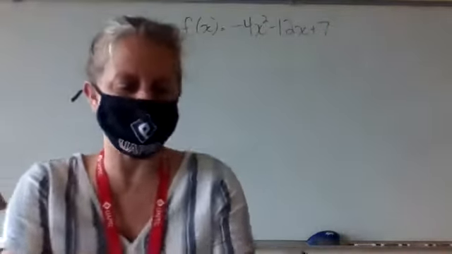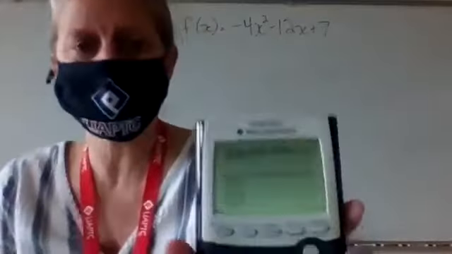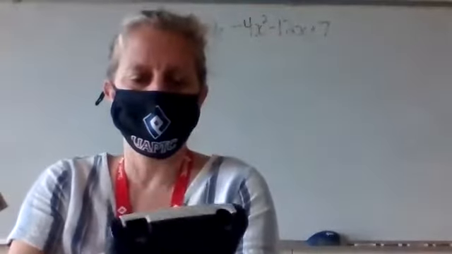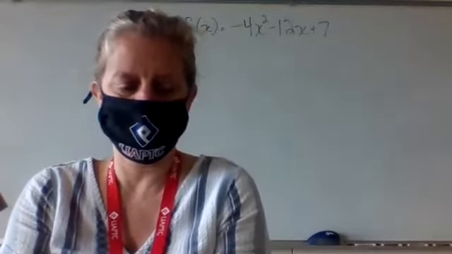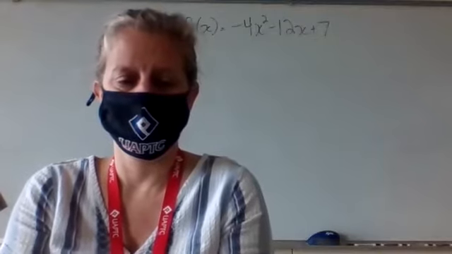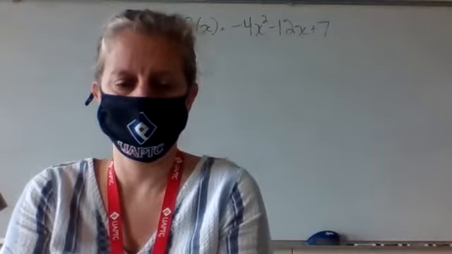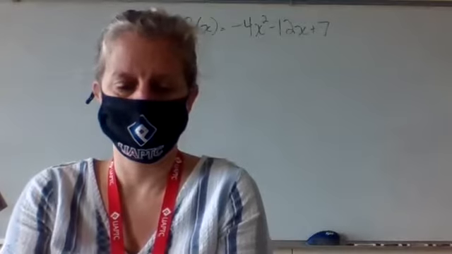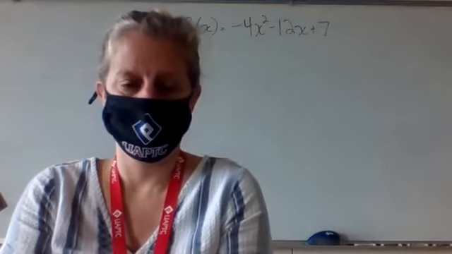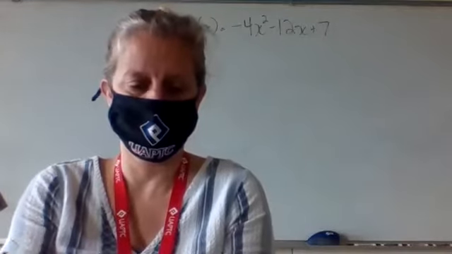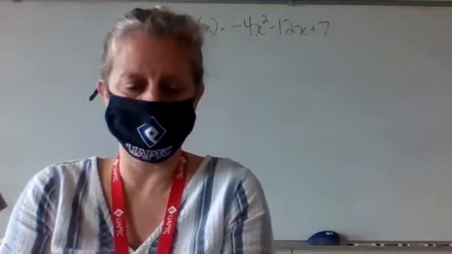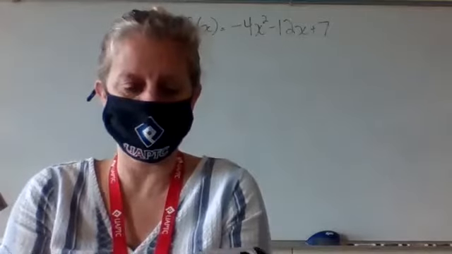Okay, so if you go to your y equals, clear it out, put in this new function, negative 4x squared minus 12x plus 7.